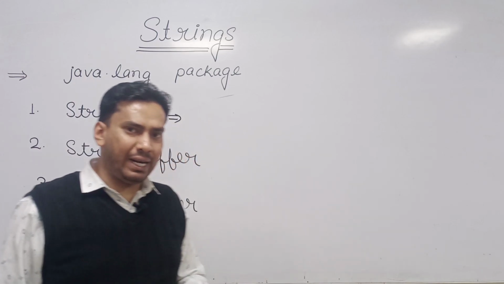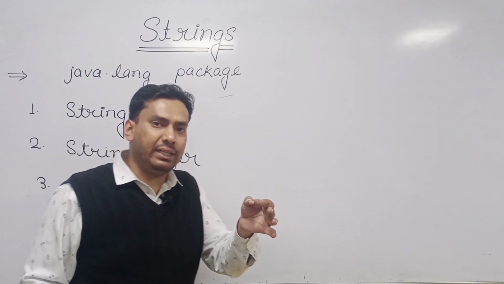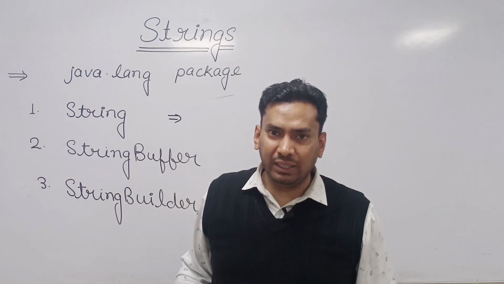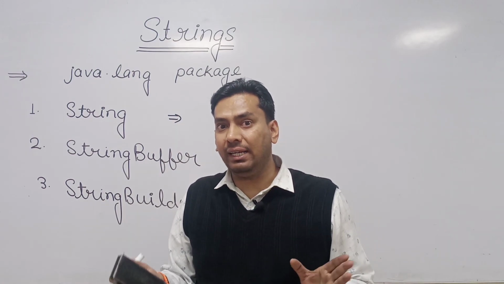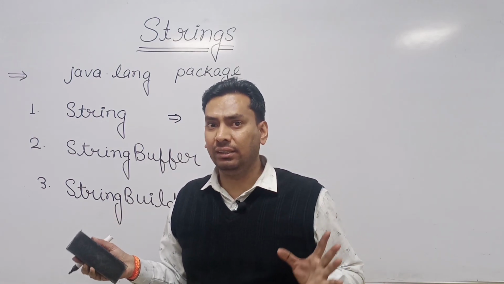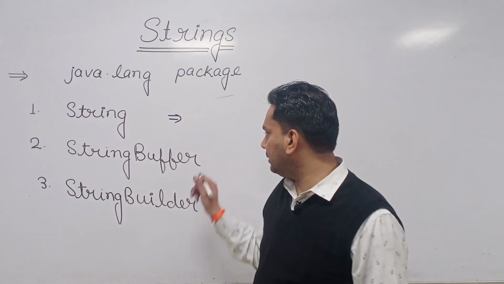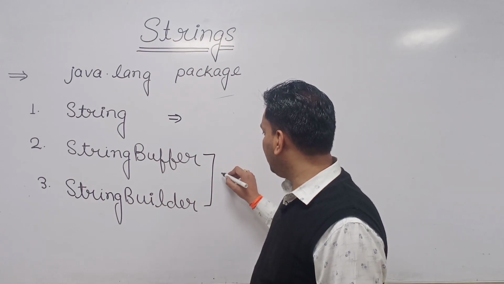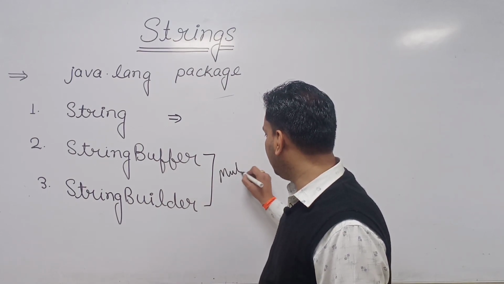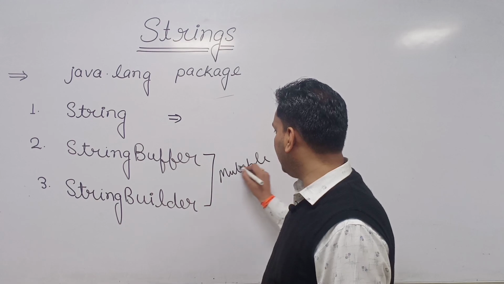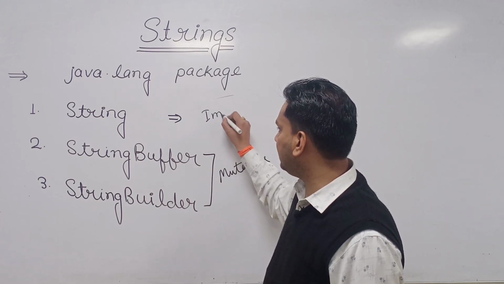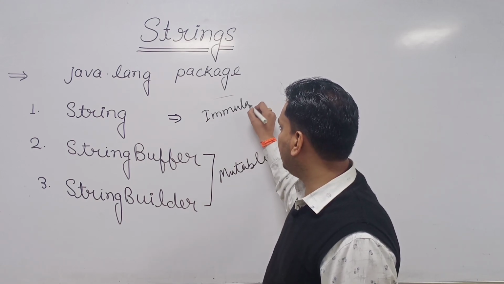So if you feel that your string content is going to be modified frequently and it does not have any security concern, you can go for the other two classes. Why these two classes? Because their objects are mutable, but the String objects are immutable.